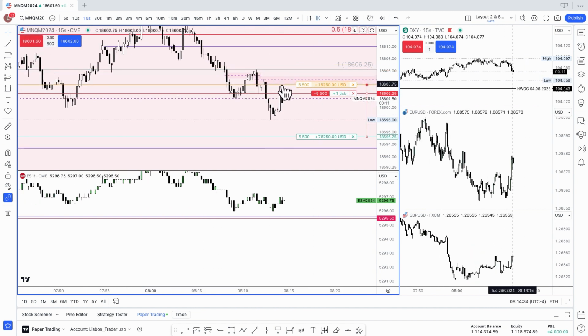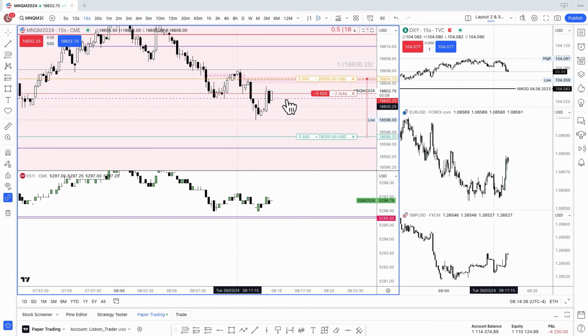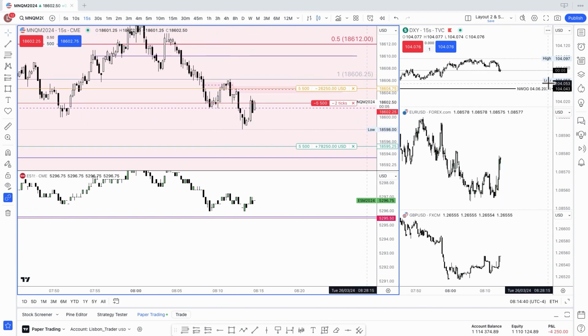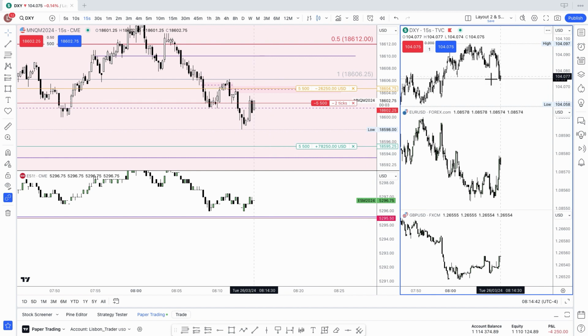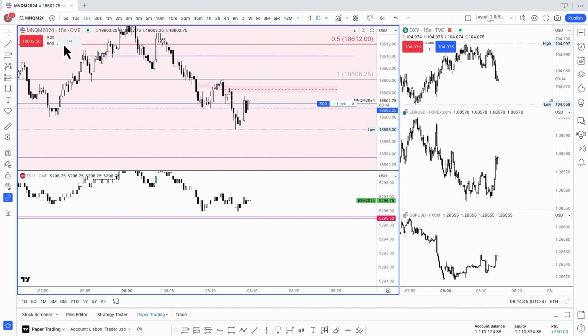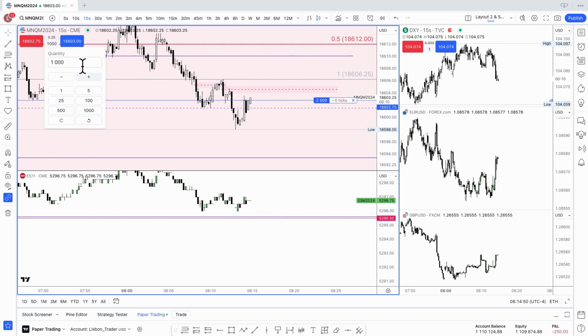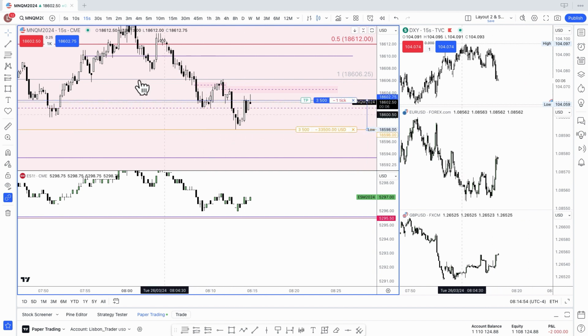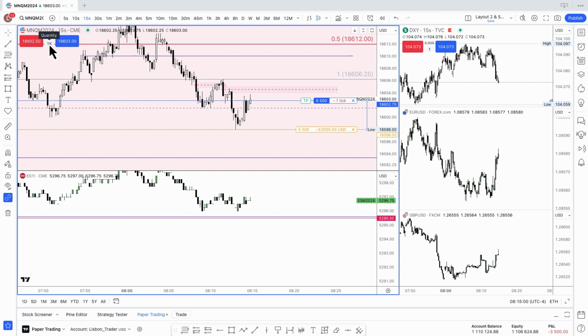Let's see, seems to be a shift in market structure. DXY is moving lower, so let's go long. Too much.